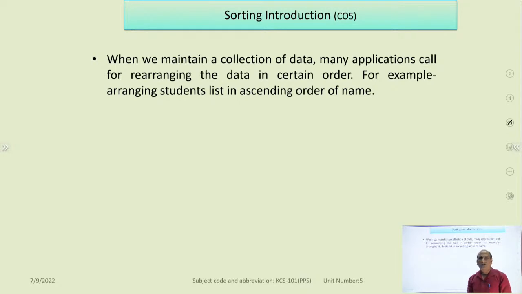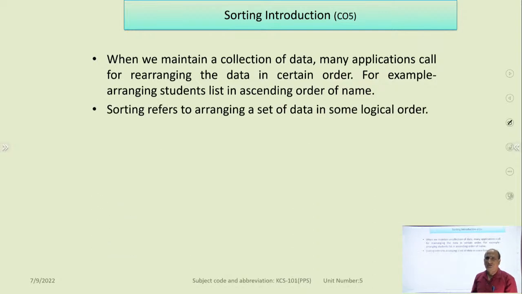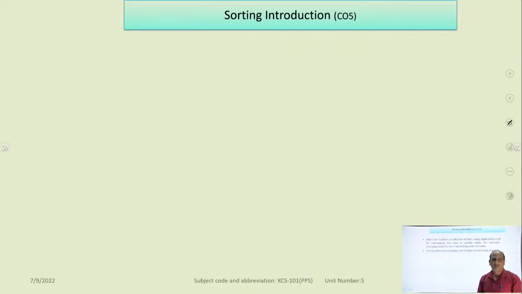An example of sorting: let us say we want to arrange the list of students in ascending alphabetical order of their names. So sorting refers to arranging a set of data in some logical order, either ascending or descending.